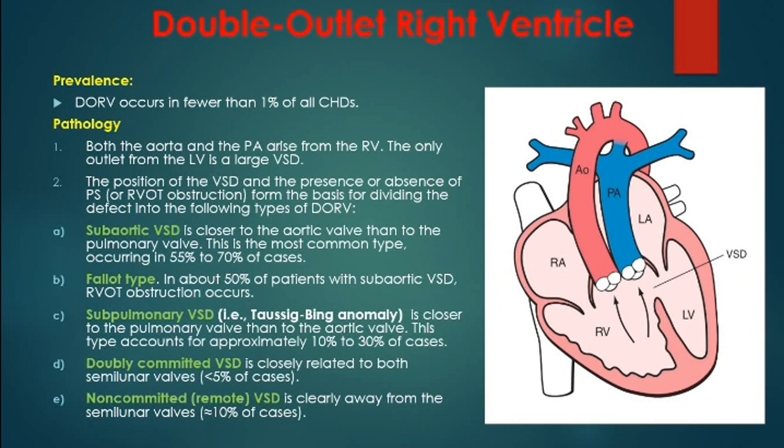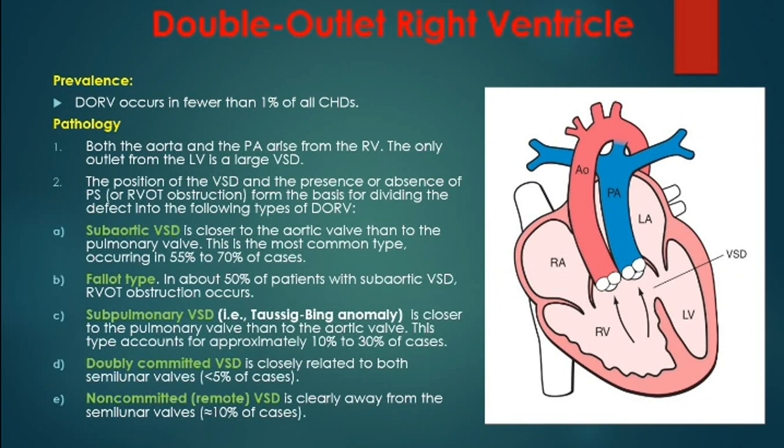50% of these cases, the subaortic VSD, have right ventricular outflow tract obstruction, so they represent like a Fallot type. In around 30% of cases, the VSD is subpulmonic.